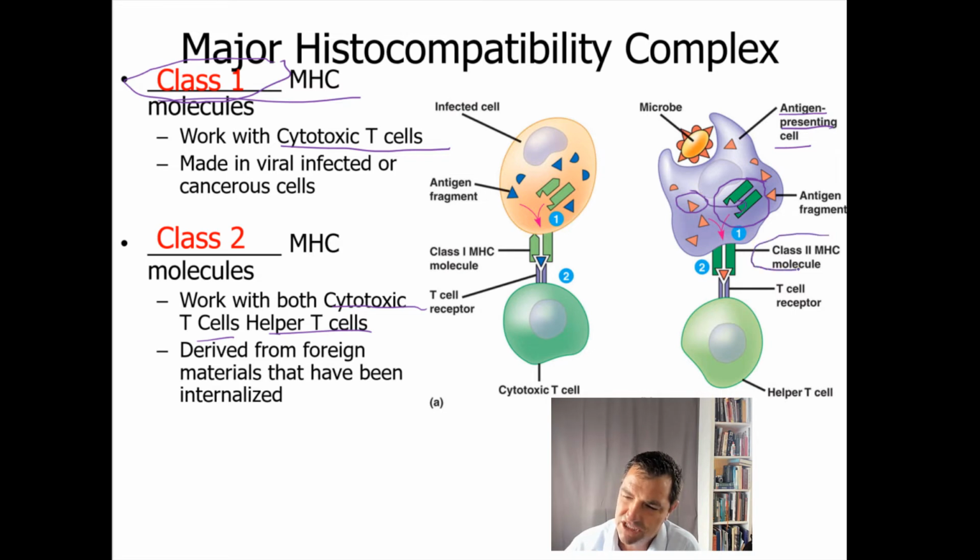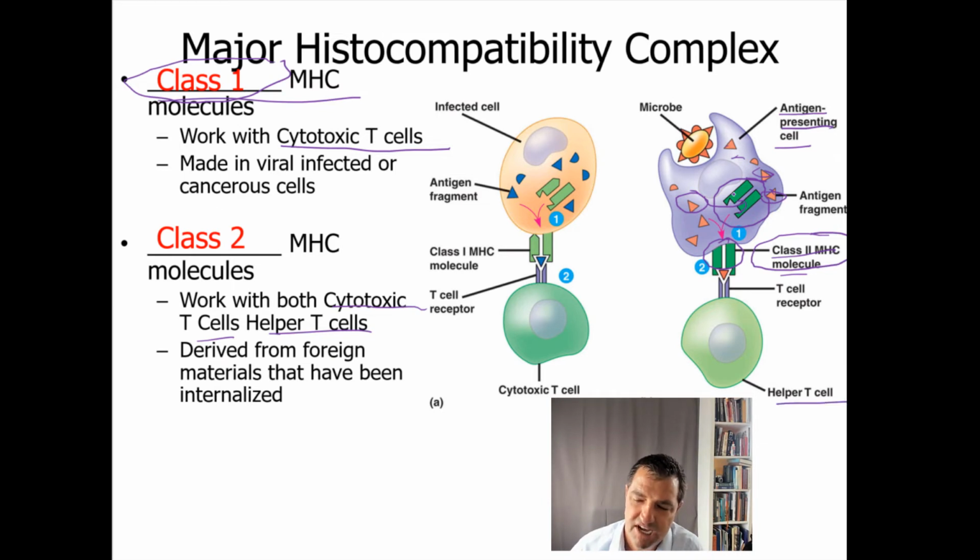So here's my class 2 MHC. You can see that it has my class 2 MHC part, but it also has part of the fragment from that organism, and that's going to bind with something like a helper T cell.